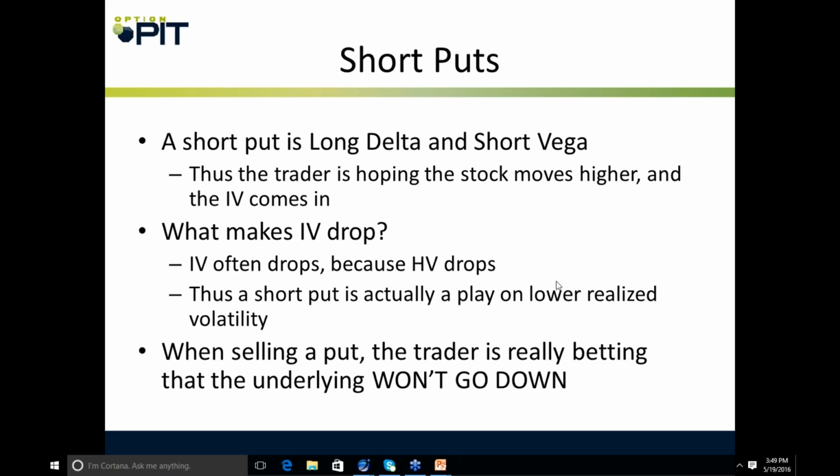IV drops because movement drops or expectation of movement drops. So what a trader is really hoping is that the stock moves higher and movement decreases. So when you sell a put, you are not betting the underlying is going to go up. You are betting that the underlying isn't going to go down.